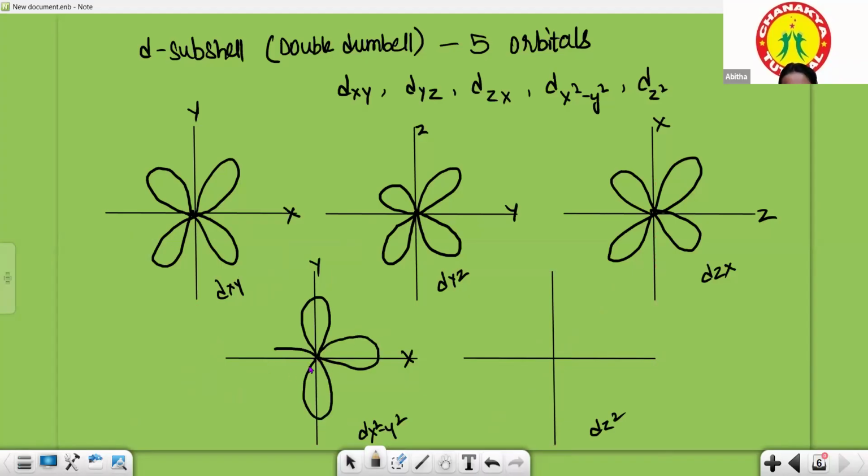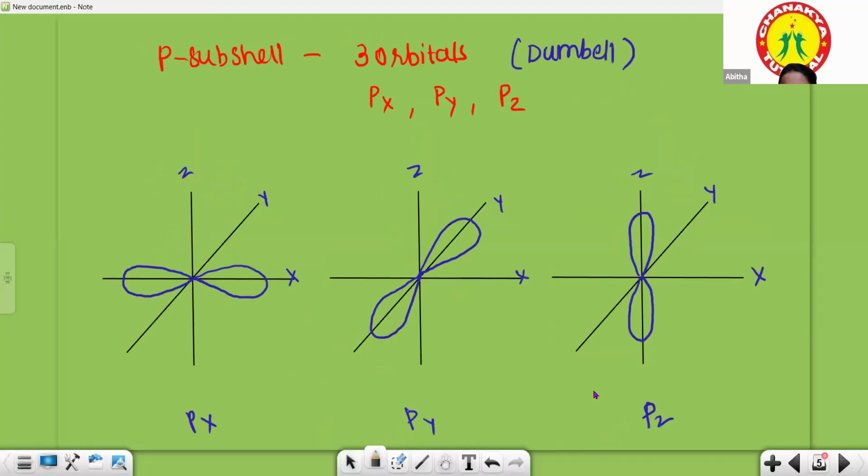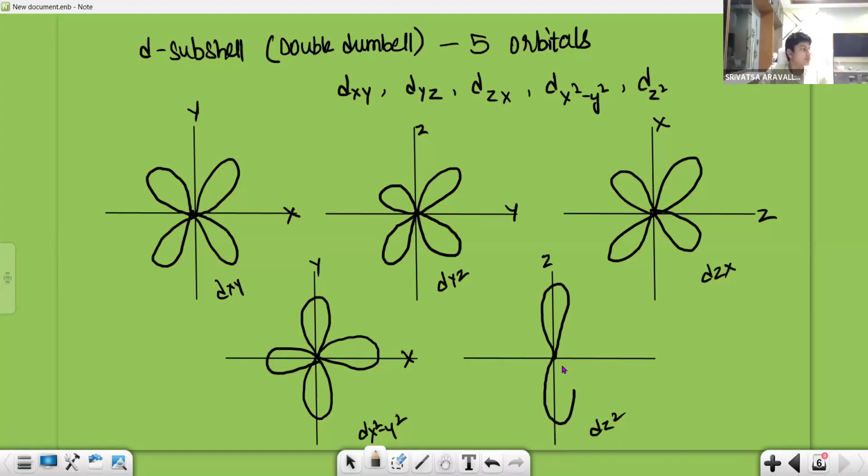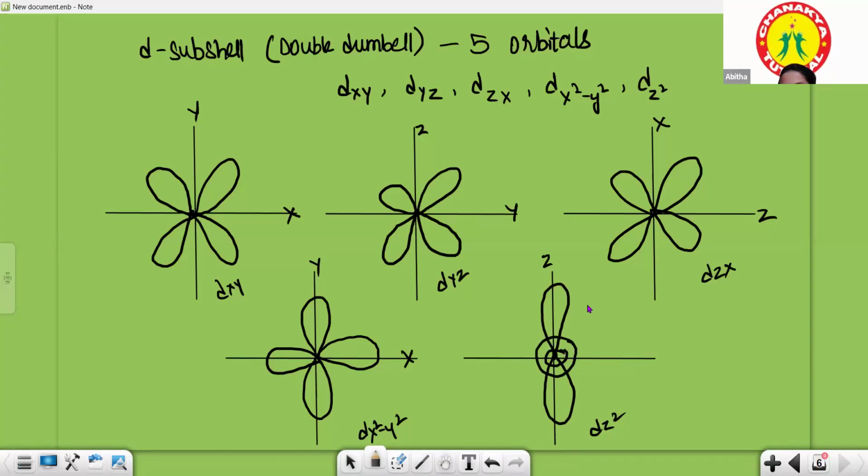See the difference. This is in between the axis, and this is on the axis. This is similar to the P subshell. In case of dz square, the shape is a little different. Please see the shape.